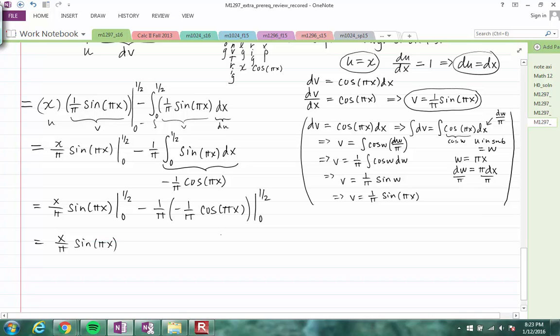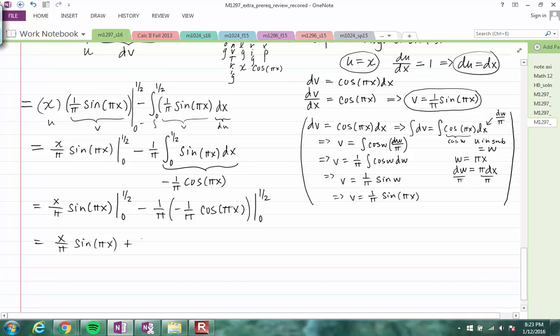Now a tip here, you can just plug in 1/2 here with the fundamental theorem of calculus minus plug in the 0, and then do that same thing here. What a lot of people like to do at some point is when you have the same limits of integration, like we do, 0 and 1/2 for both of these, you can pull it out of the whole thing and treat this whole entire expression as one and just plug in 1/2 to the whole thing minus it with a 0 plugged in.